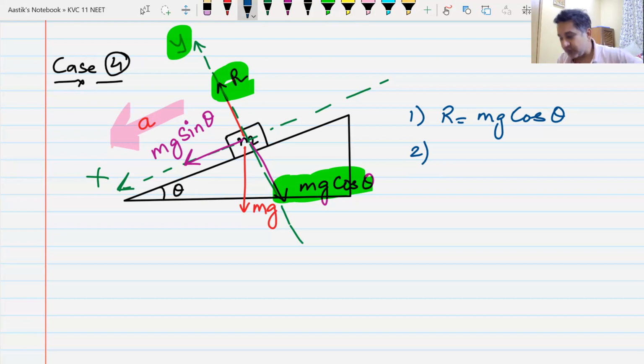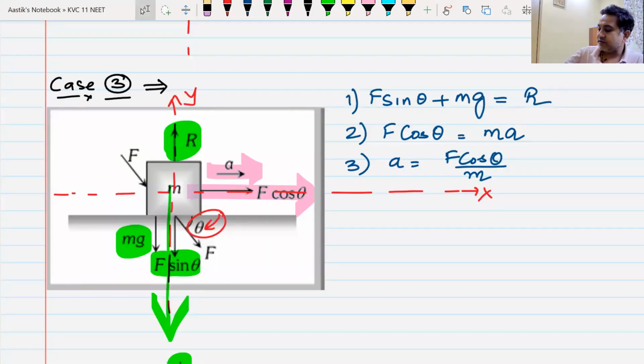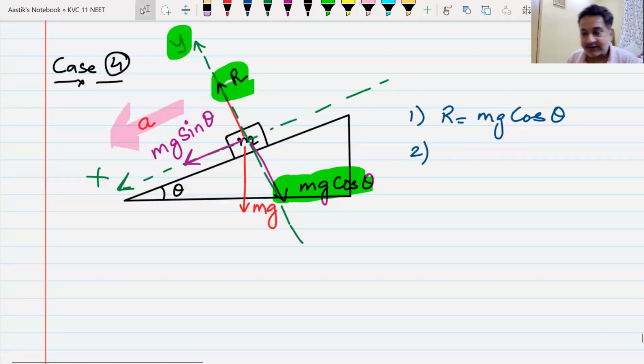Think again about what you are saying. You can take inspiration from this equation: force is equal to m into a. Try again. What will be the equation along the x-axis?